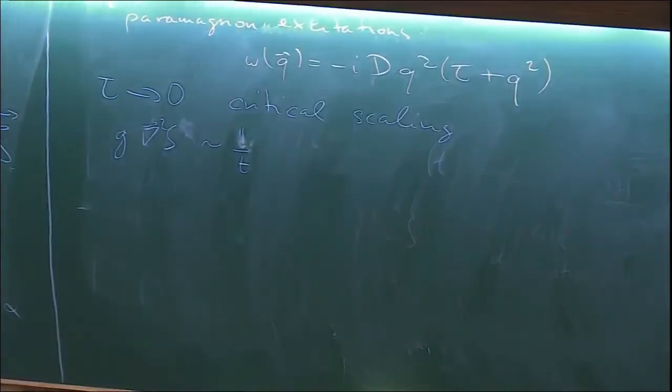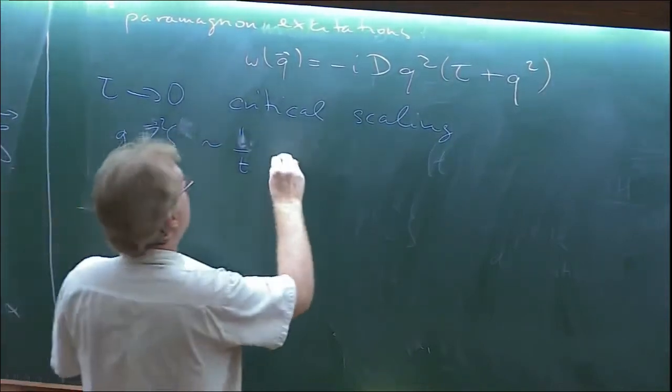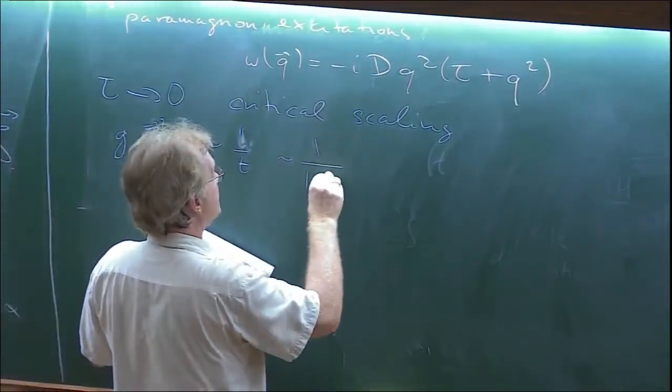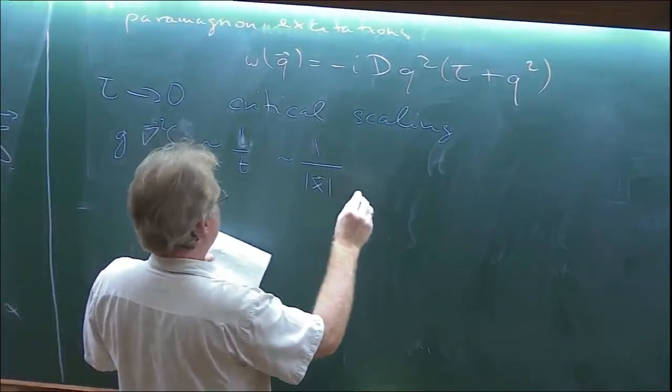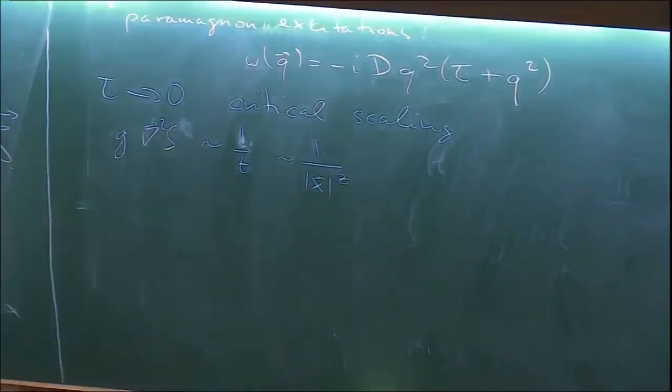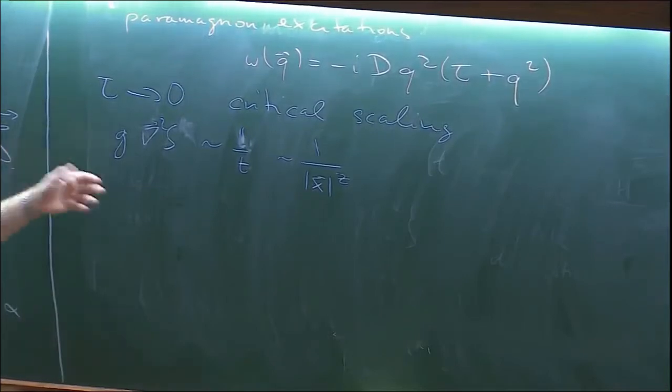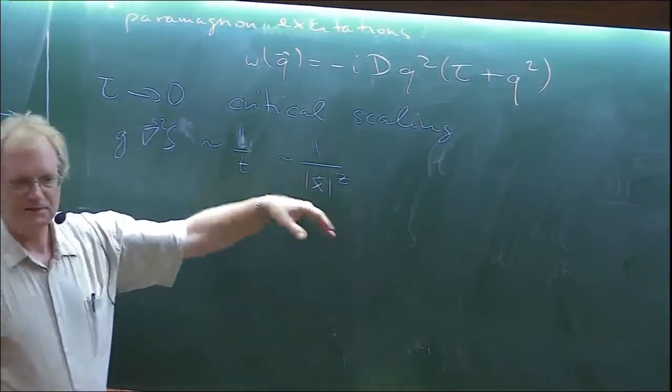But inverse time scales, we decided, scale like inverse length scales with a power that's given by the dynamic exponent. That's the definition of the dynamic exponent. Right, so relaxation time was going like xi to the z, and so this is the typical time scale, goes like the typical length scale to the z.